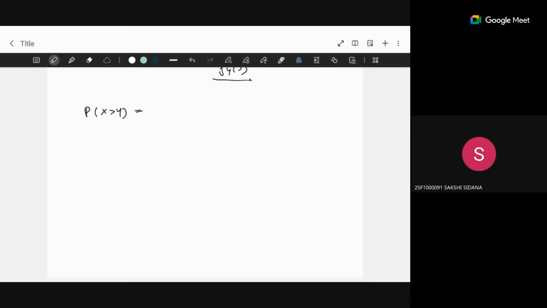My X is the failure of machine A and Y is the failure of machine B, correct? They're asking that machine A will last more than machine B, then machine B would last less. Both these statements are contrasting to each other.